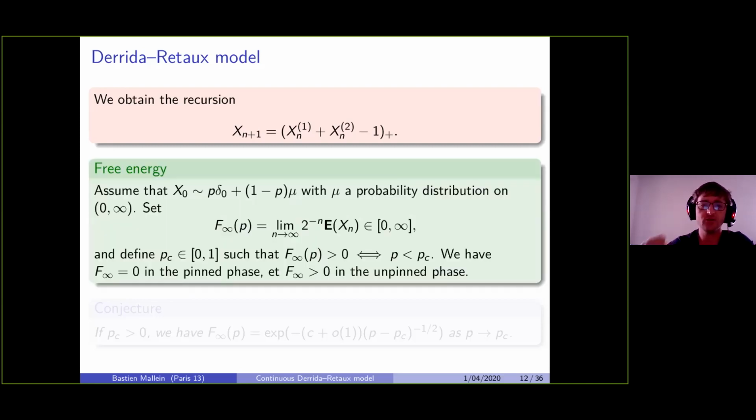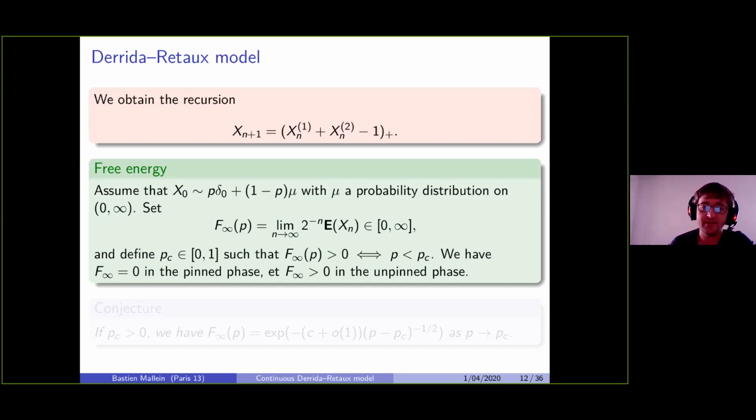So now the analogue of the free energy will be the limit as n goes to infinity of the expectation of x n divided by 2 to the n. If you start at time 0 with a random variable that is equal to 0 with probability p, and with probability 1 minus p is some other probability distribution, then you can define a one parameter family of processes, and you can study the behavior of f infinity of p.